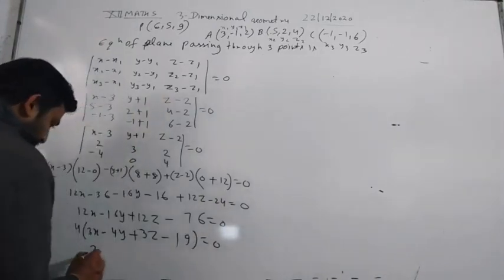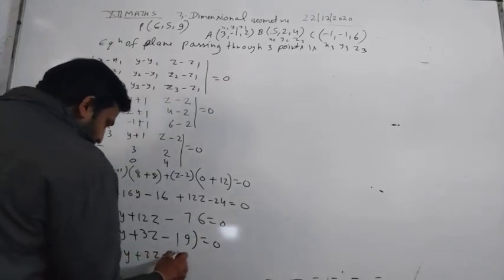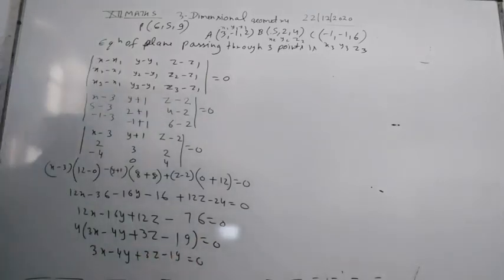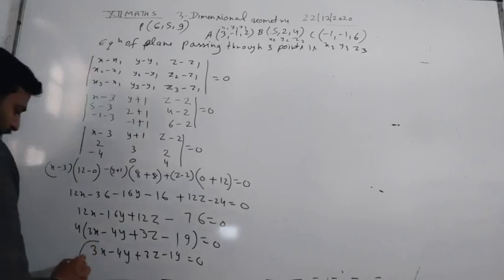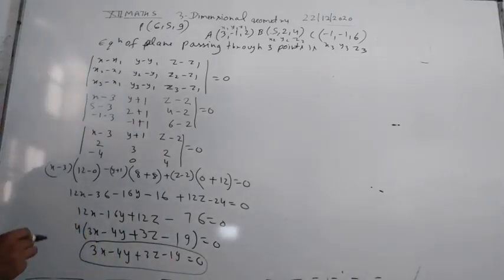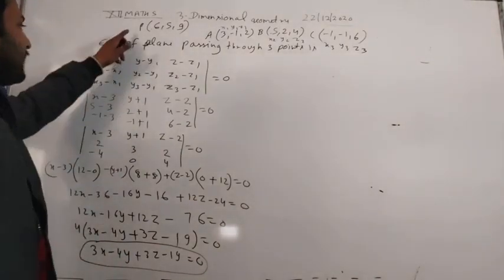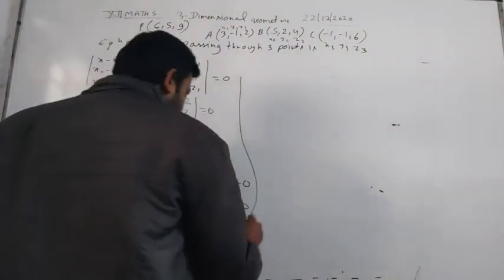So we get 3x minus 4y plus 3z minus 19 is equal to 0. Now student, this is the required equation of the plane which we had to find out. And now we have to find in this question the distance of the point P from this plane.